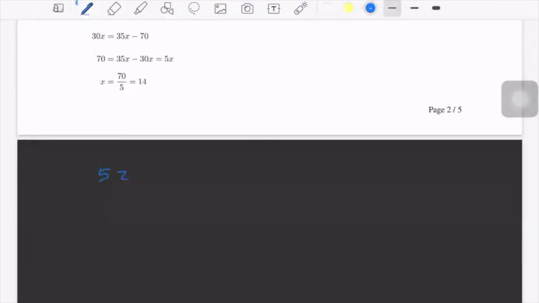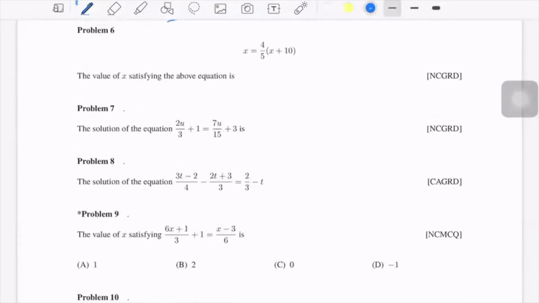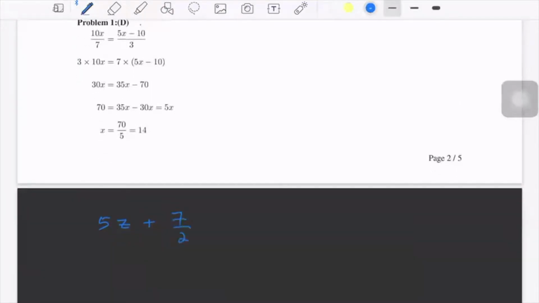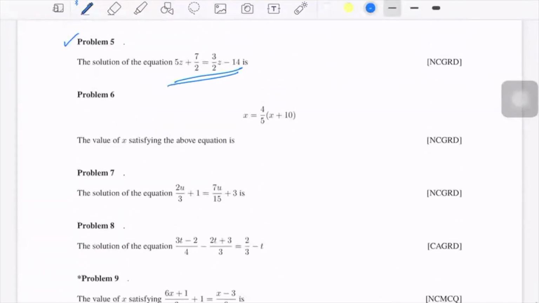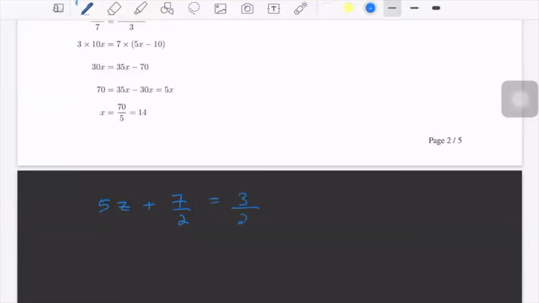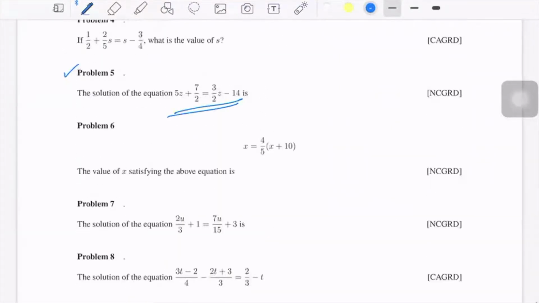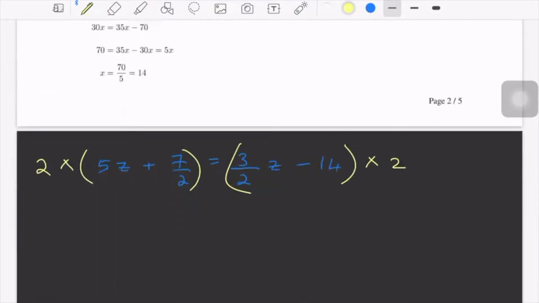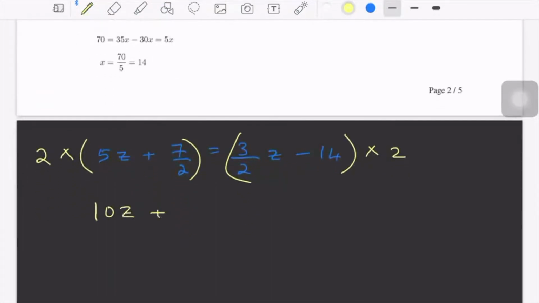So 5z plus 7 by 2 is equal to 3 by 2z minus 14. So multiply the entire expression with 2. Here also multiply the entire expression with 2. So we have 10z plus 7 is equal to 3z minus 28.